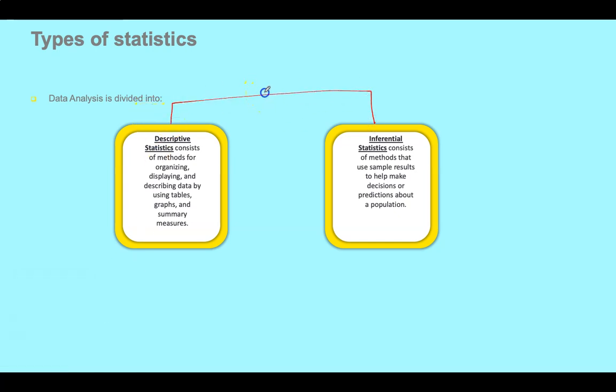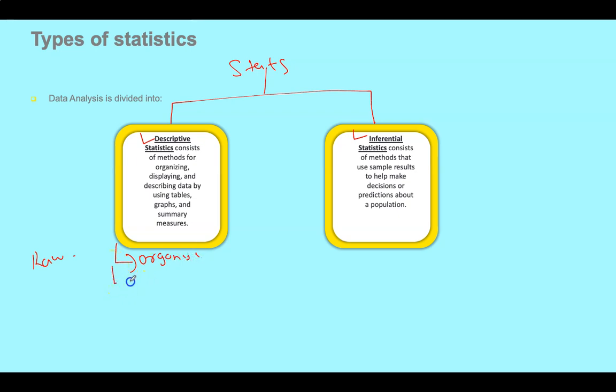These are the two different types of statistics we have, descriptive and inferential. When I talk about descriptive statistics, it gives us an idea from raw data; it helps us organize our data, then visualize or display it.